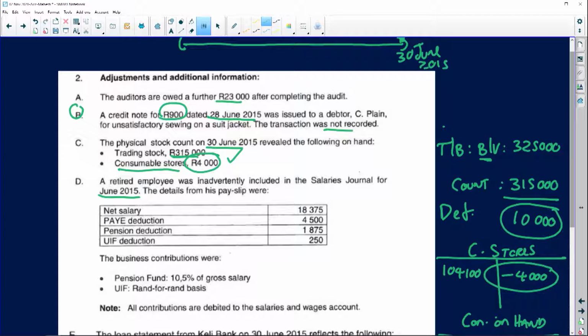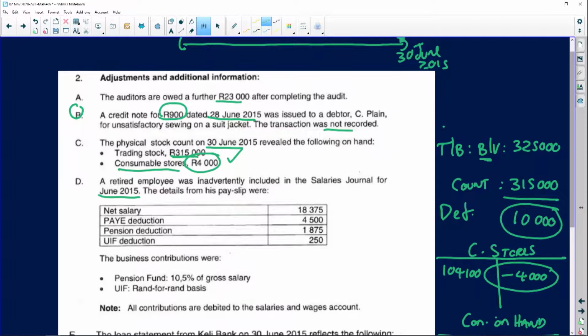So you've got someone that is no longer working for the business, but by mistake, this person was included in the June salary journal. The details from his payslip were net salary 18,375.